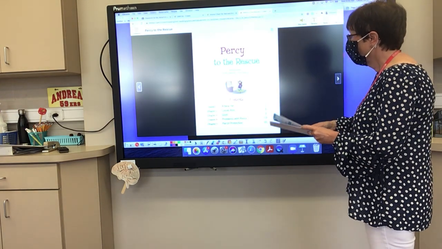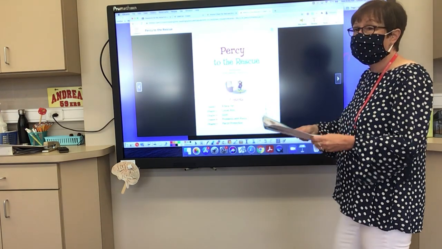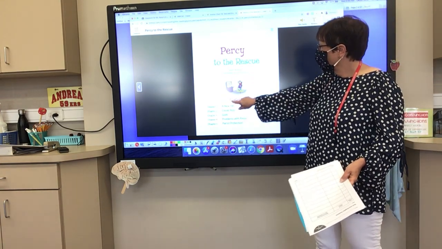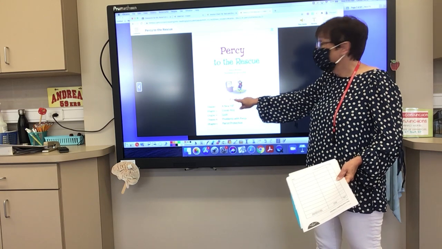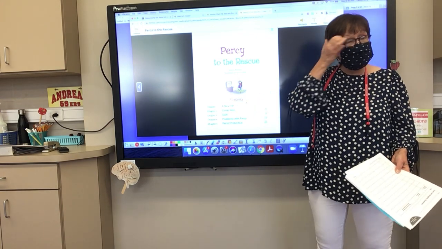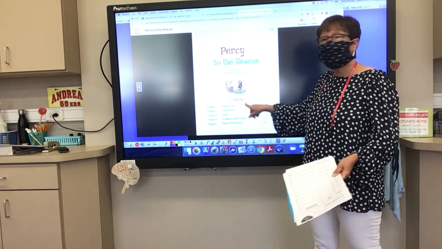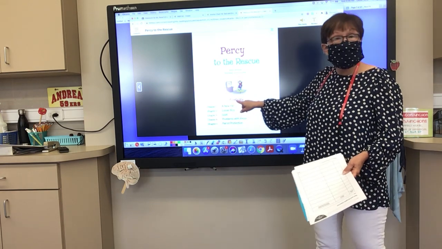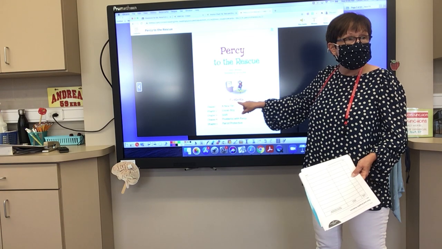Oh, now one of the things that I'm noticing right away, here's a text feature. Look how it has the contents. It's in red, and it's bigger than the other text on the page. That stands out to me. So the table of contents, do you see that's a text feature, boys and girls?